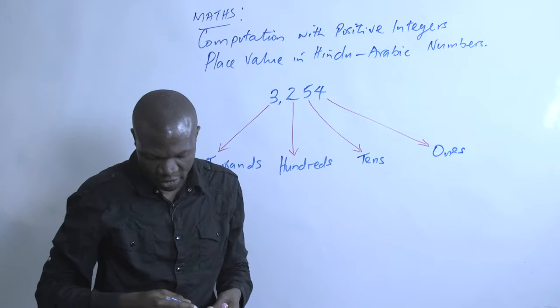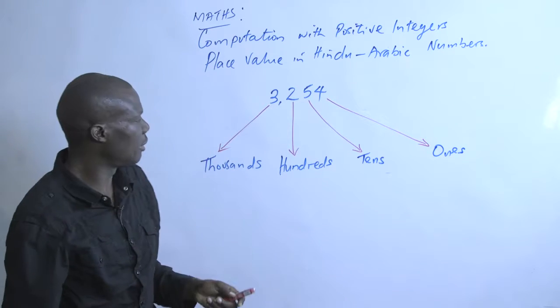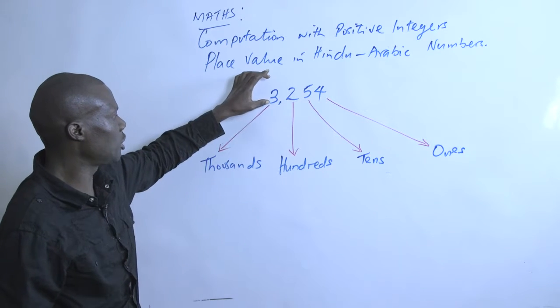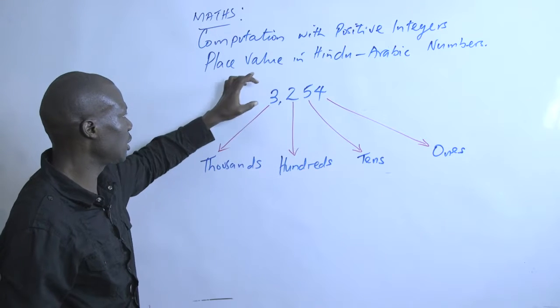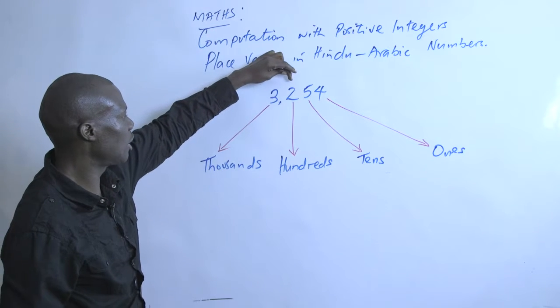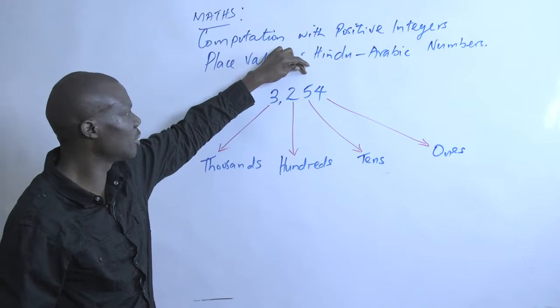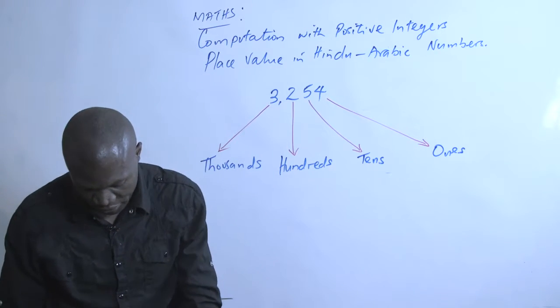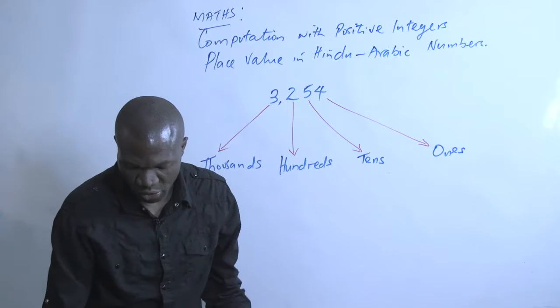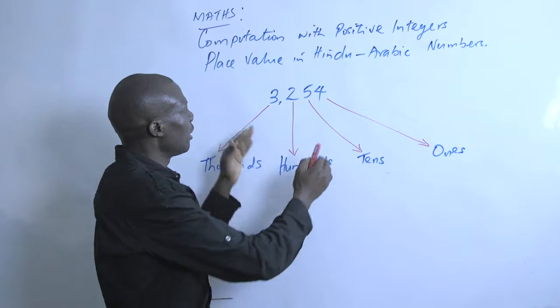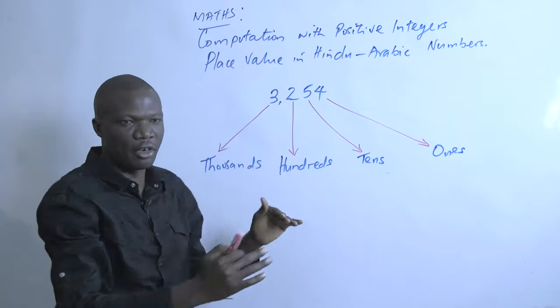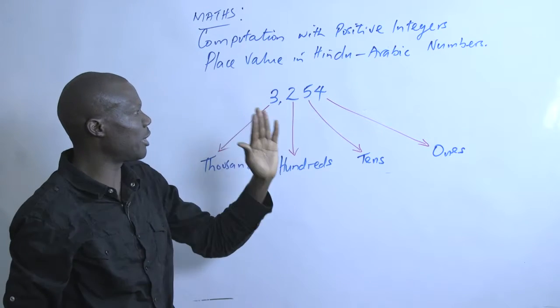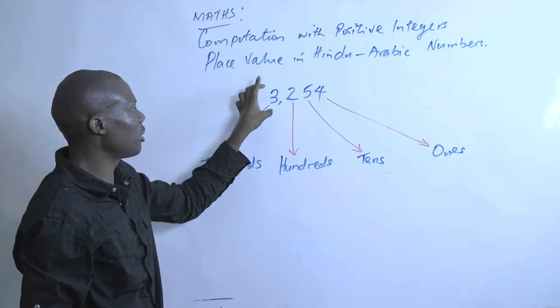This is how we break down to come up with the expanded form of the basic numeral.